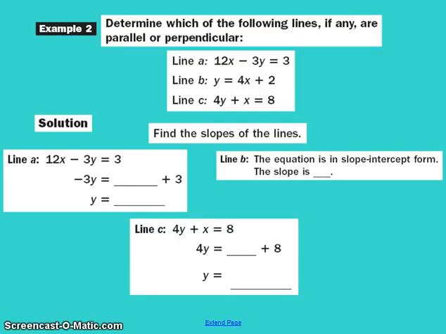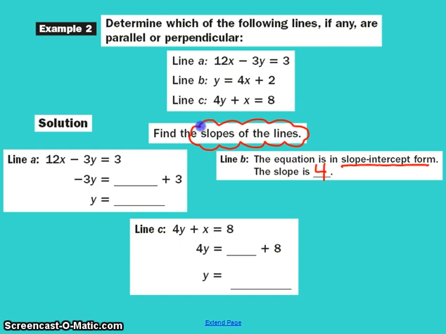Now, if we need to determine which lines are parallel or perpendicular, that means I need to know the slopes of every single line. And the easiest way to know the slope of every single line is to make sure they're in slope-intercept form. Line B is already in slope-intercept form, so I know the slope of that one is 4. Line A, I have to rework though.